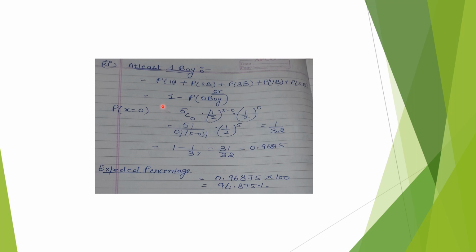So we are going with the second way, 1 minus probability of 0 boys. Now calculating the probability of 0 boys, our success count will become 0.